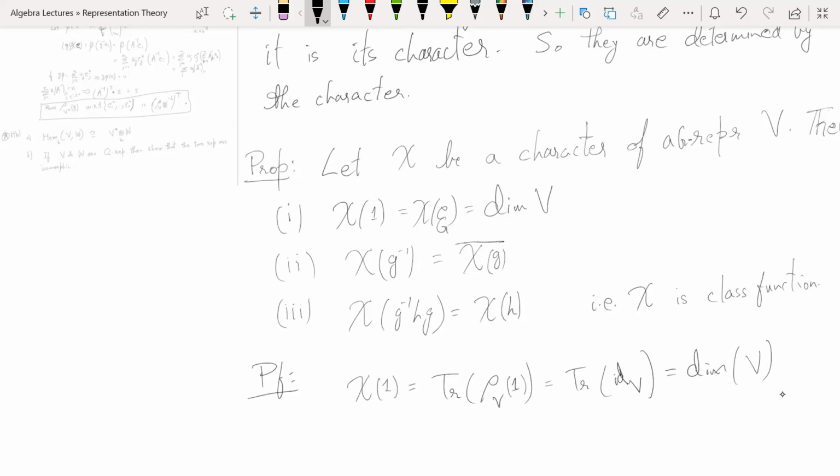That gives you the dimension of V. So from the character, you can read out the dimension easily. It's a funny kind of function, but a very useful one.